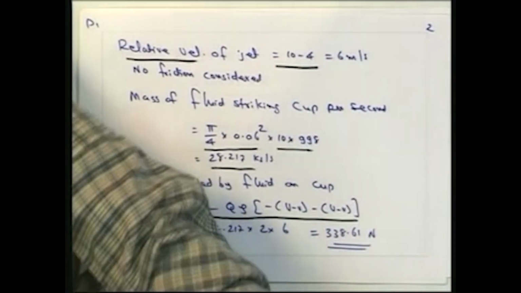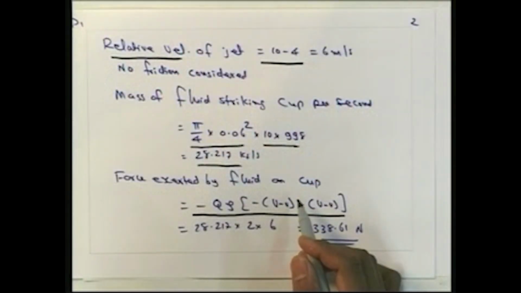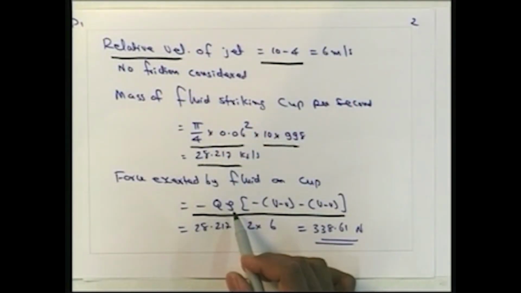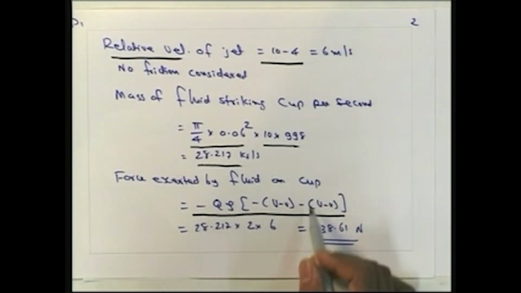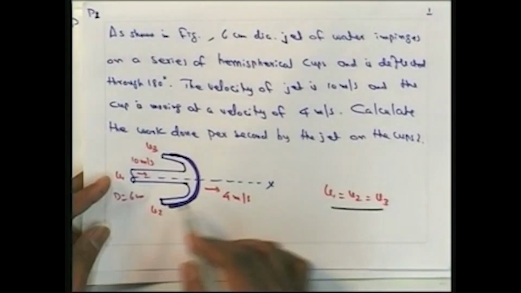You can see here with respect to the figure, it is both directions, so we have to consider both directions. The force exerted by the fluid will be minus q into rho, where q is the discharge and rho is the density, into minus v minus v, that is 2 times. Here you can see it is coming both ways.